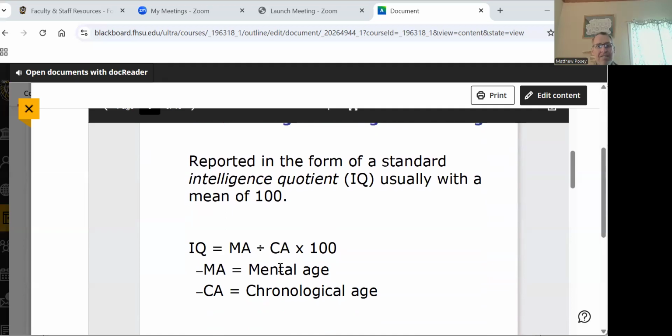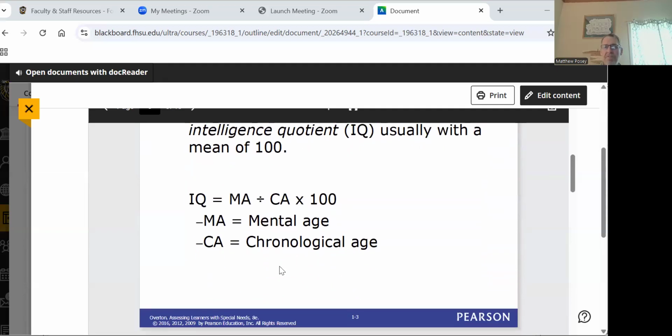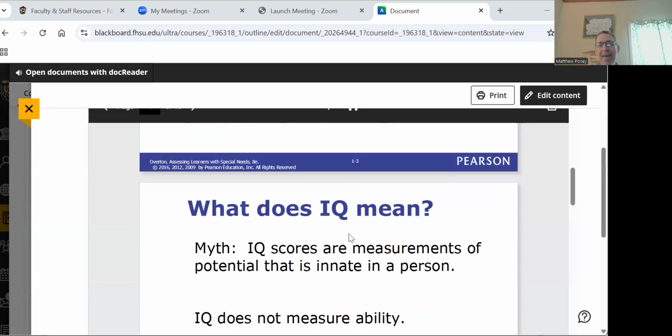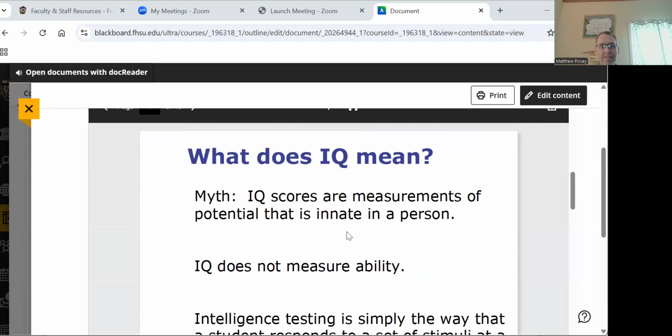The formula to calculate that, if you were to do it by hand, is we take the student's mental age, or individual, could be an adult, divide it by their chronological age, and then multiply it by 100. Very seldom will you ever have to do any of that by hand. If you get into the testing side of this, software will do it for you, but it gives you an idea how that works, what the formula is.